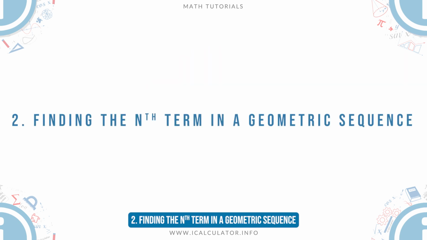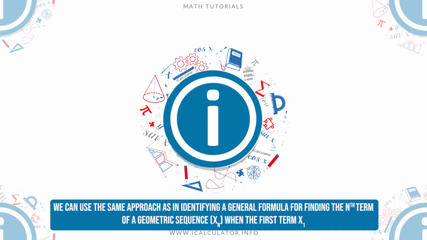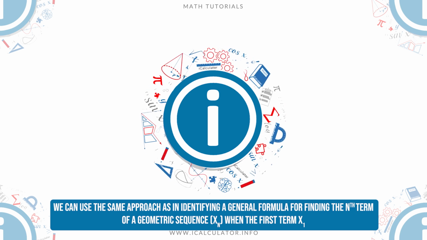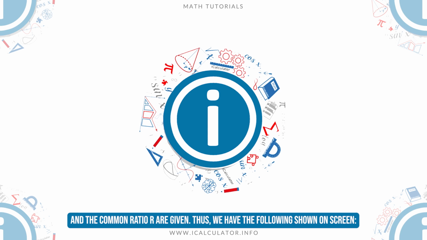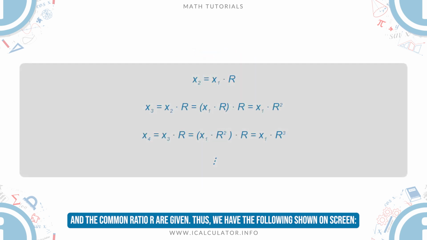2. Finding the nth term in a geometric sequence. We can use the same approach in identifying a general formula for finding the nth term of a geometric sequence, xn, when the first term x1 and the common ratio r are given. Thus, we have the following shown on screen.